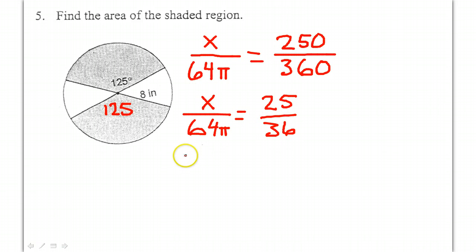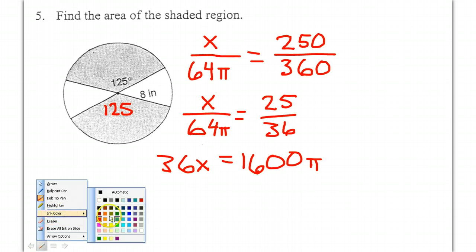A little cross multiplication gives us 36x equals 1,600 pi. Dividing both sides by 36.